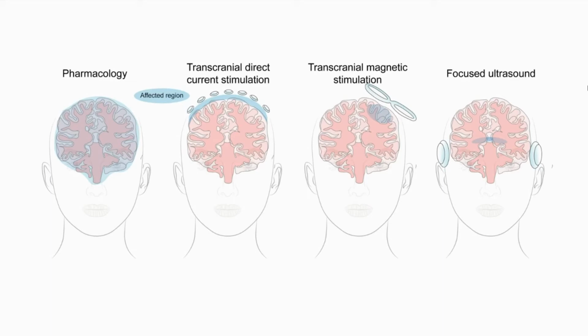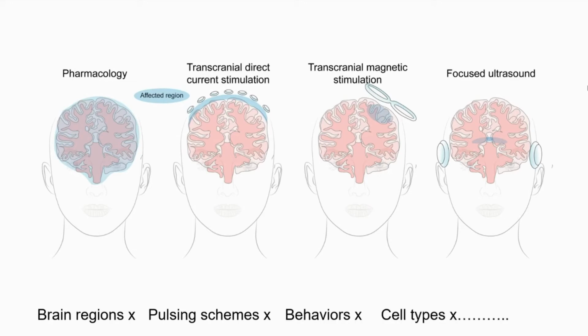So this is really cool, but it poses a huge problem or a challenge for the field in general. And that is that now that we can access all of these different brain regions, we also have to examine them in combination with all the different ways that we can pulse ultrasound. And we have to examine them for all the different behaviors we're interested in and all of the different cell types within those brain regions.